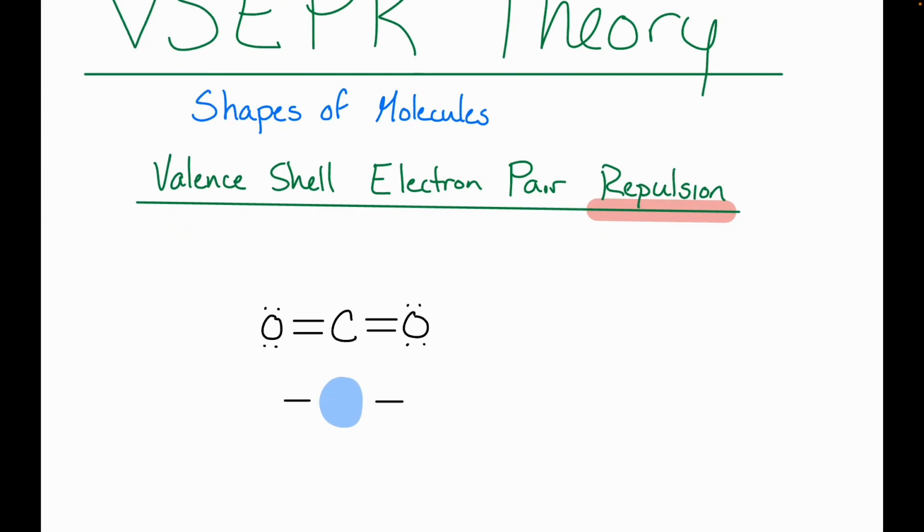It wants those oxygen atoms to be as far apart as possible, so it points them in literal opposite directions. Keeping everything as spaced out as possible leads to the shape of this molecule, what we would call a linear geometry.